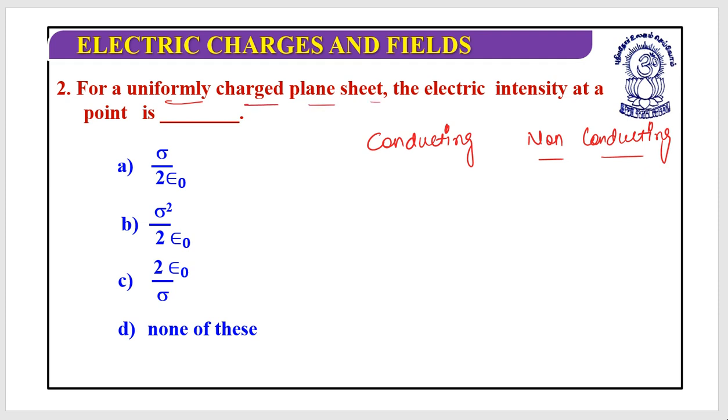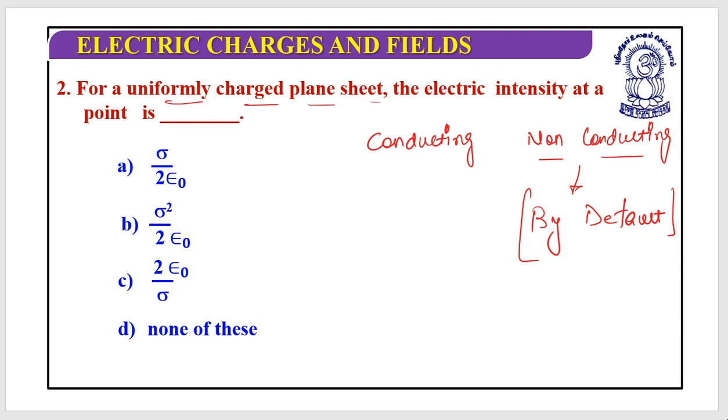They have not mentioned whether it is a conducting plate or a non-conducting plate. So what you need to do is, non-conducting is to be considered by default. This is the case in spheres as well, that you need to consider non-conducting things as a default. So when you consider a uniformly charged plane sheet, that means you need to consider a non-conducting sheet.